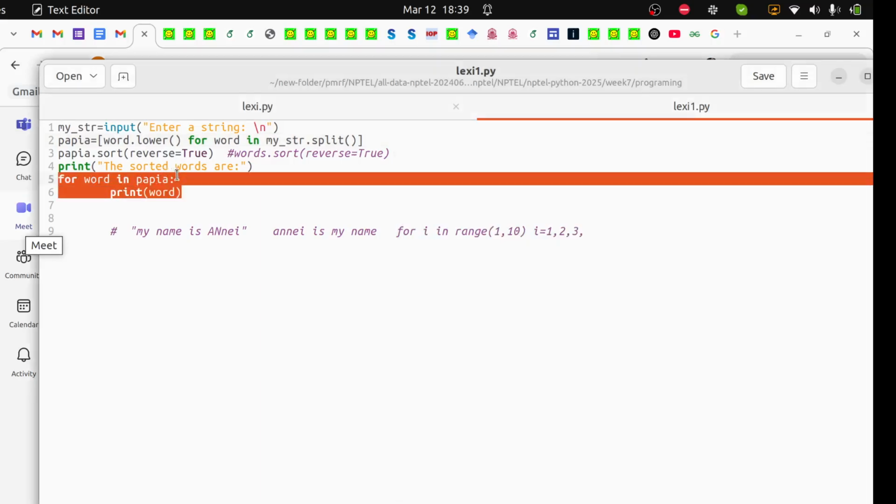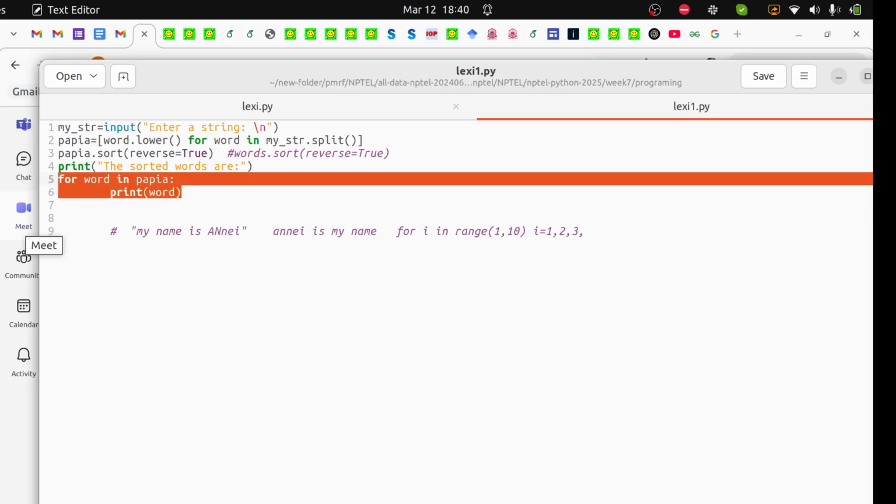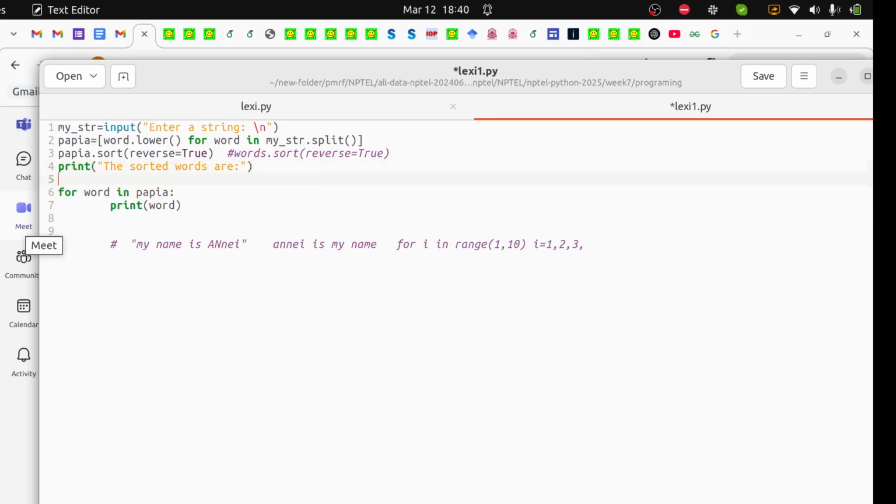Okay, I can do one thing. I can just simply print. I will not write this for loop here. Let's say I just want another name. Let's say I have x. So x equals sorted of this.